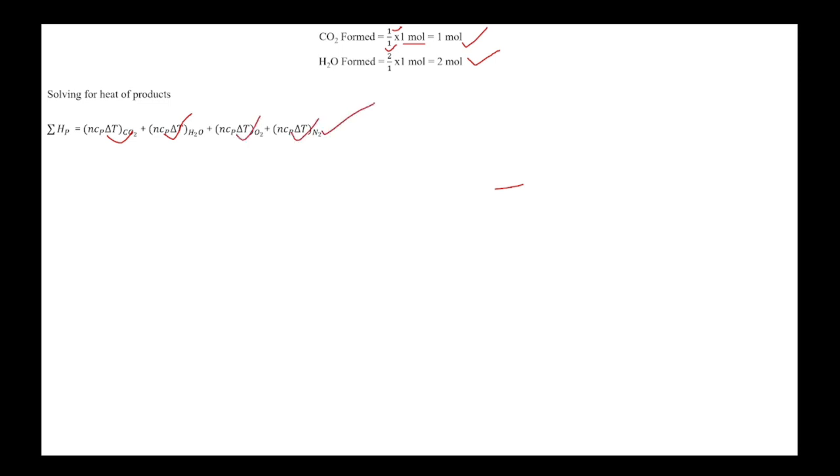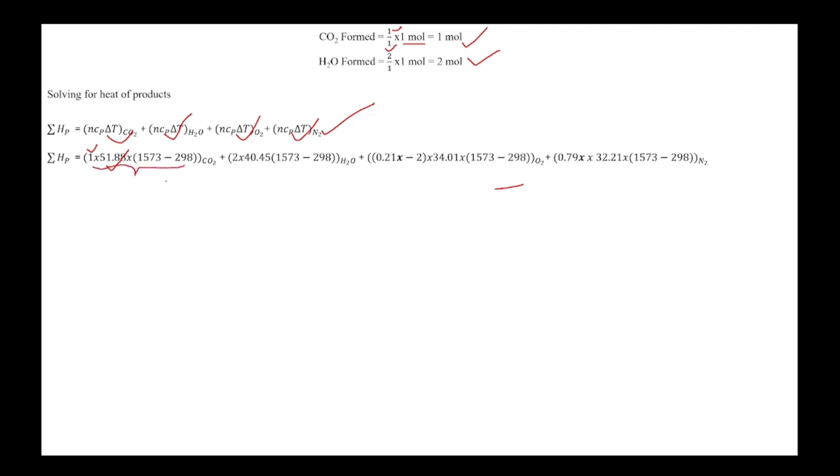Since N2 is the inert component, whatever the quantity is on the reactant side will be equal to the quantity on the product side, because it does not react with any component. For CO2, 1 mole produced, and the specific heat capacity is given in joule per mole Kelvin. So mole will cancel out, Kelvin will cancel out, and we are left with only joule. So this whole term will be in joule.